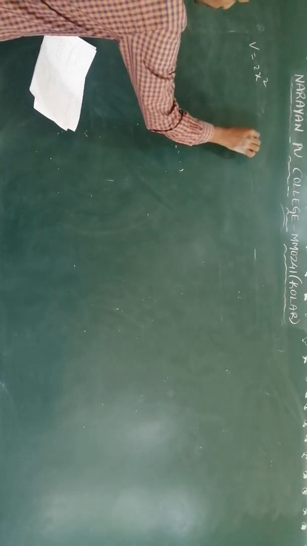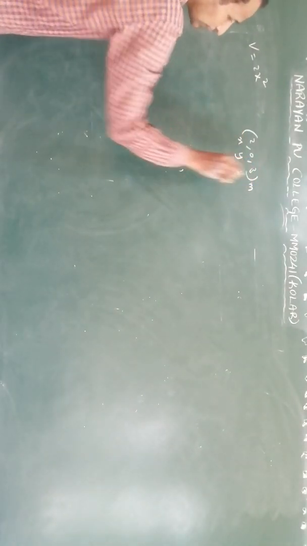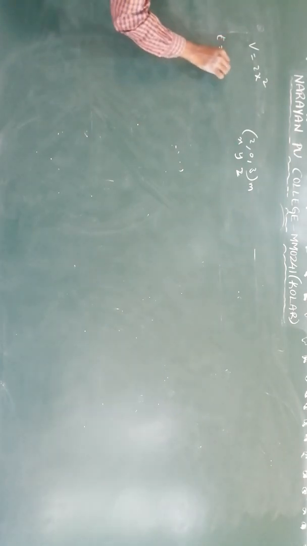Next, 22, the given potential. The electric potential is given as V is equal to 2x square, and the position is also given: 2, 0, 3 meter. They are asking for the electric field. This is x, y, z. The equation is only in x, so we substitute only the x value. What is the relation? E is equal to minus dV by dx.